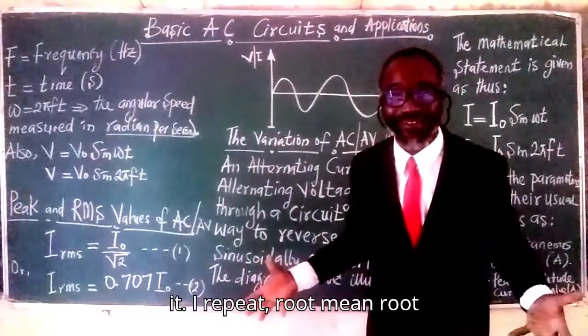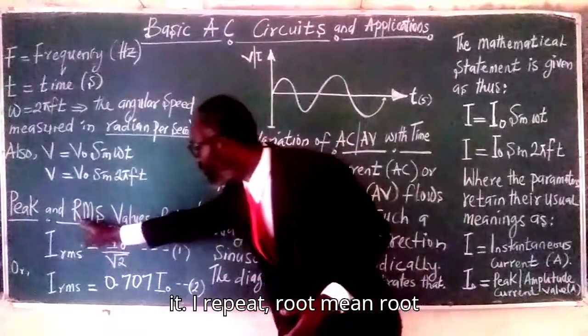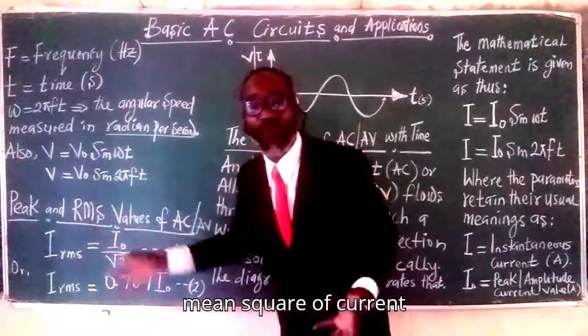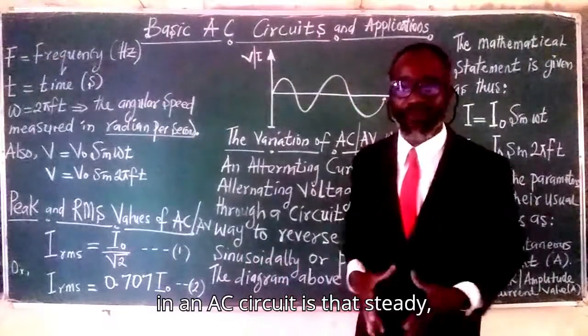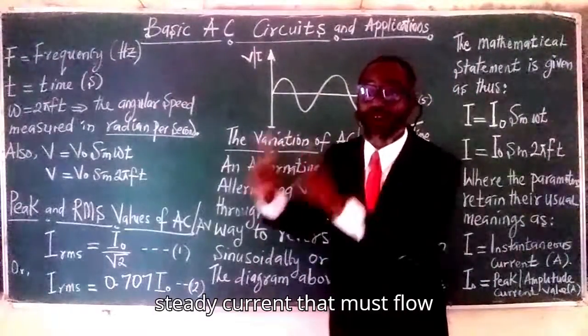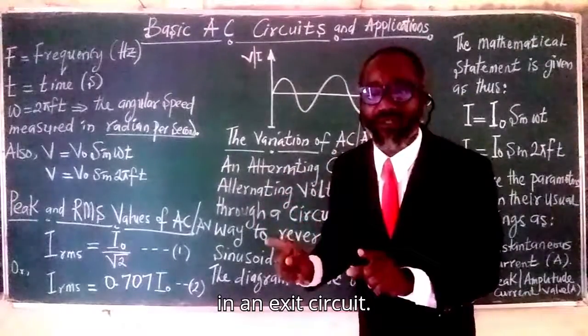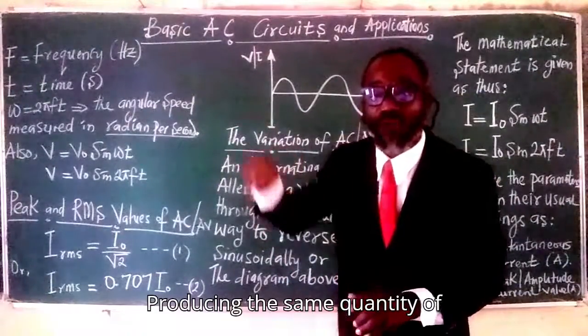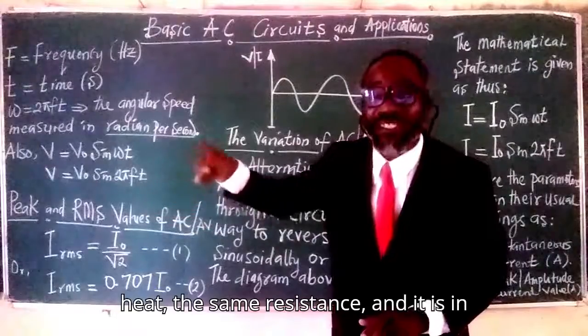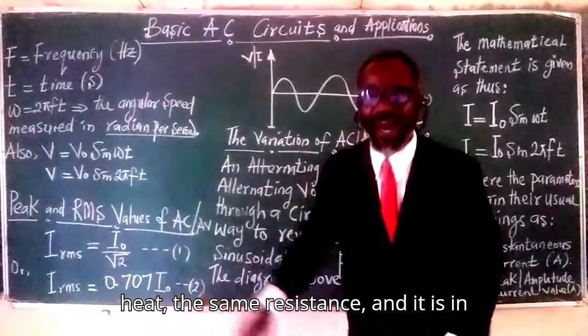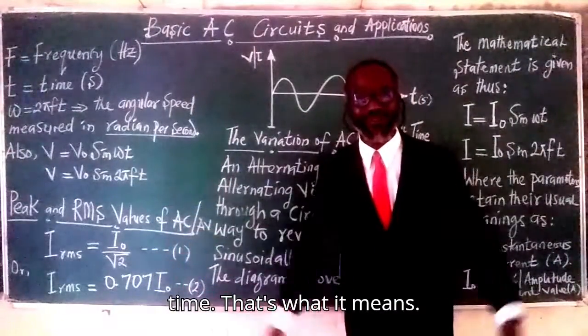That is it. I repeat, the root mean square value of current in an AC circuit is that steady current that must flow in an AC circuit, producing the same quantity of heat in the same resistance and in the same time. That's what it means.